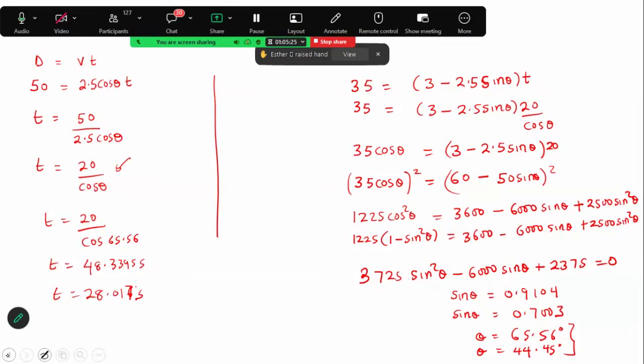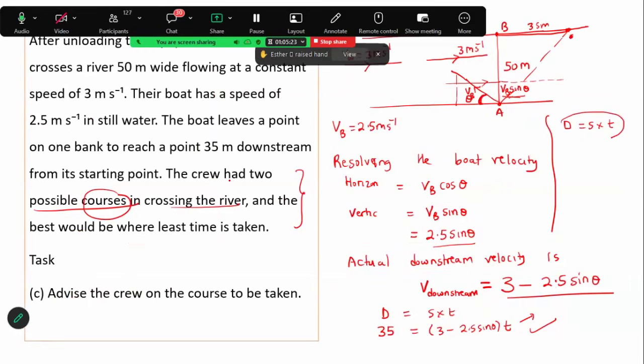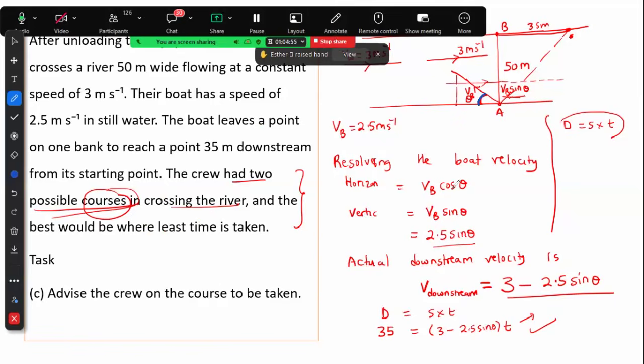Since the question was specific that the crew had two possible courses, it means that you needed to show how those two courses come about instead of using the other direct approach that we know. But since they told us to use these possible courses to prove which one will give you the least time.